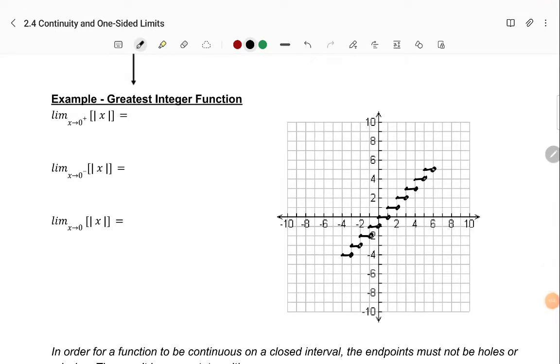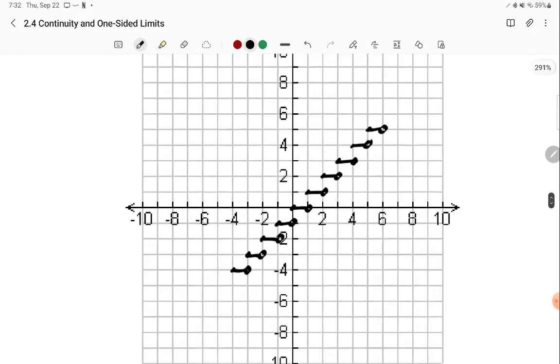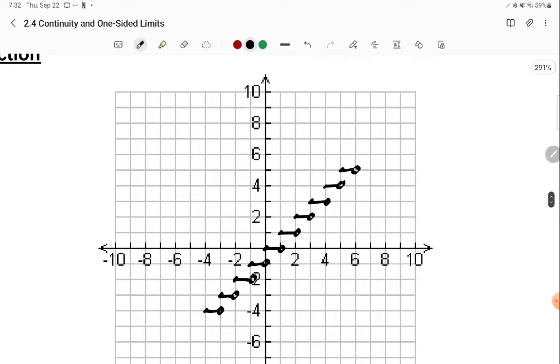So this is what the greatest integer function looks like. And the best application I can think of is a parking garage, right? Where it's $10 per hour. So if they're there for 2.5 hours, it's still going to be, for example, that $10. But if you're there for exactly 2 hours, it jumps to the next level, right?